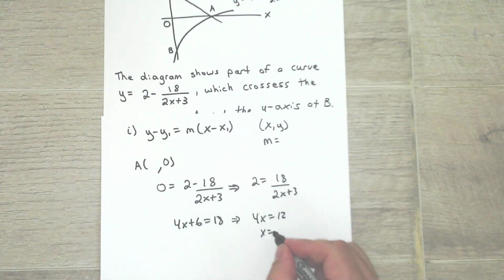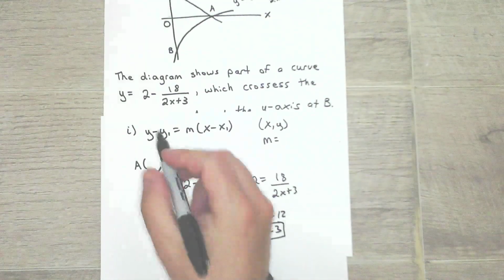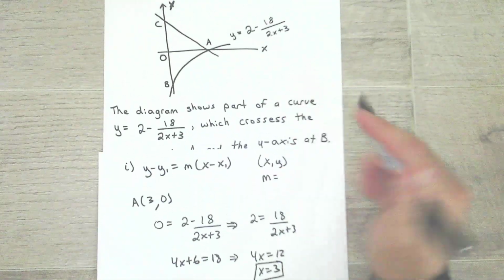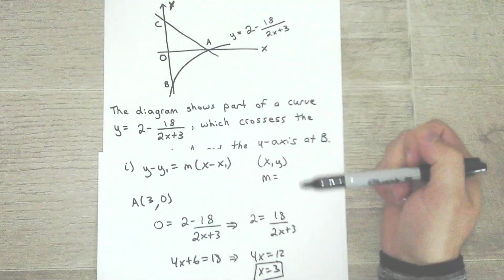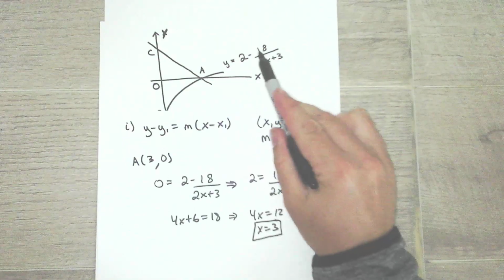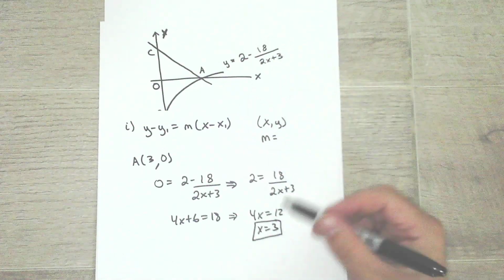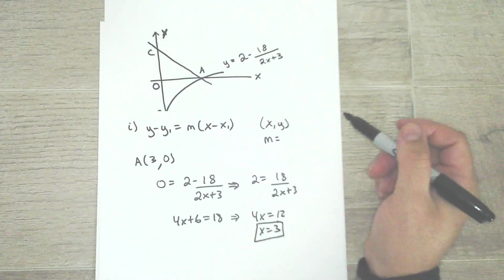And so I get x is equal to 3. Okay, so now I know a point on the line AC. A, so I can use that in this formula. Now the only thing I'm missing is the slope. So the slope comes from taking the derivative of the curve and then plugging in the value that we know for x to get the slope.